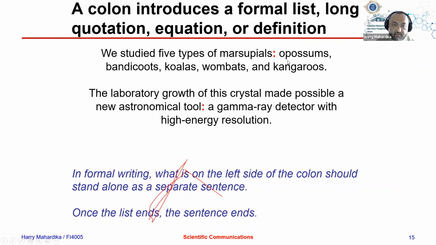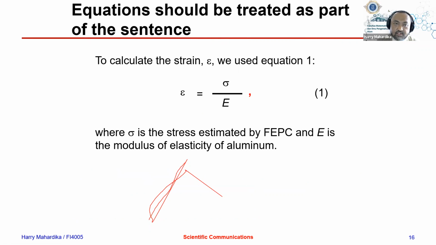However, the list of words written on the left side of the semicolon itself can be a complete sentence. But now we want to add additional information about the marsupial itself, so therefore we use the semicolons. Equations should be treated as part of the sentence, and therefore use a comma over here.